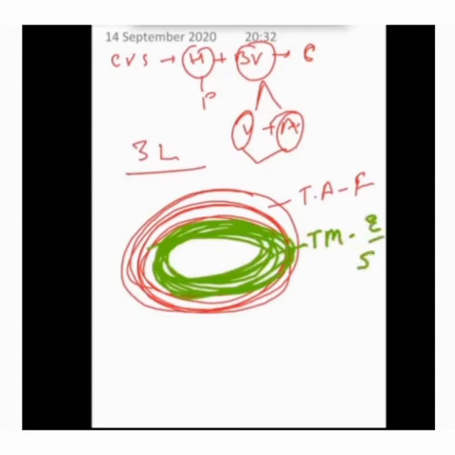And the innermost layer, I'm drawing a lining with the yellow pen, that is your tunica intima. So basically it's endothelial cells, an endothelial layer that is made up of squamous epithelium.